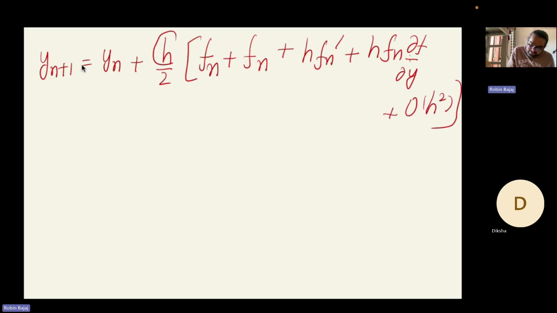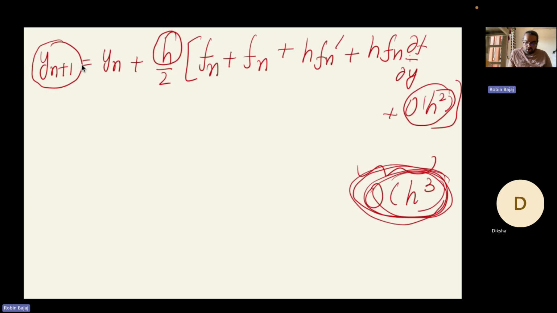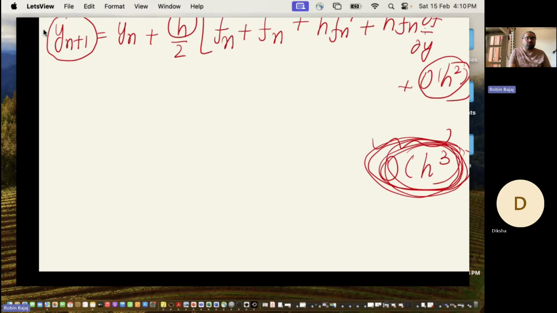Now, if I multiply this h inside, this term will also be multiplied by h, so it will be overall order h cube. So that's what we had to estimate. When I am updating yn plus 1 after another step, what is the order of the error which is left? If you do the Taylor expansion the way we did, it's order h cube which is left locally. So that's what the problem wanted in our case.